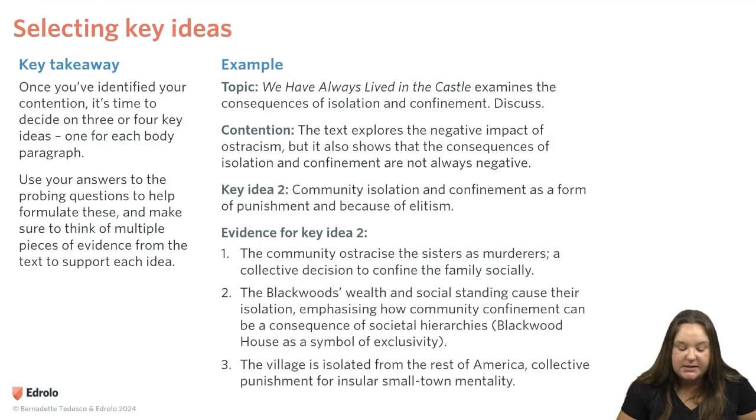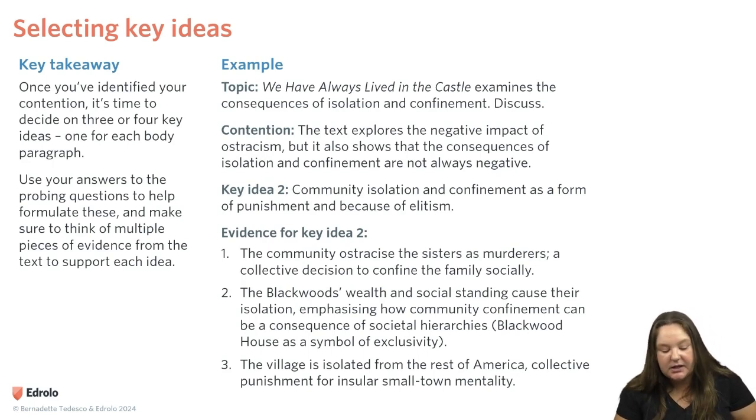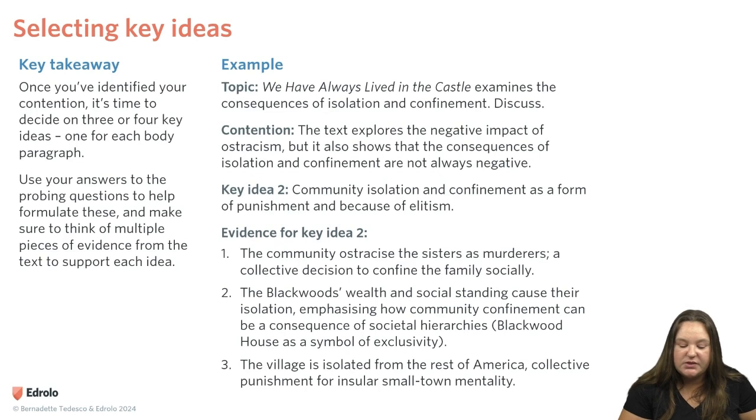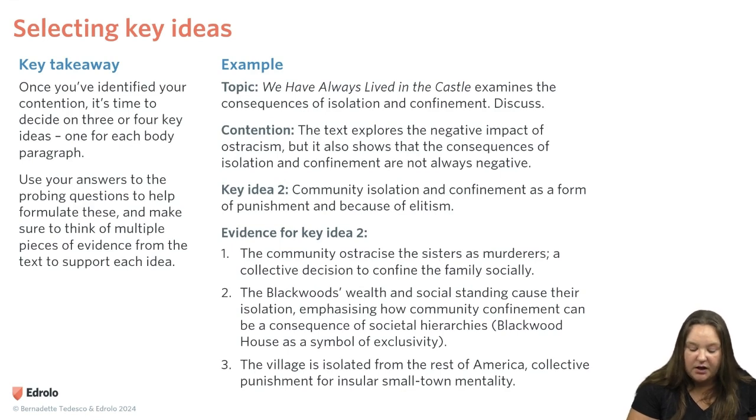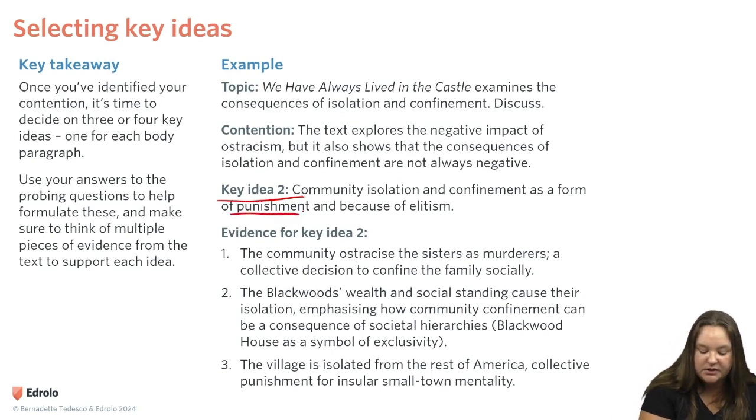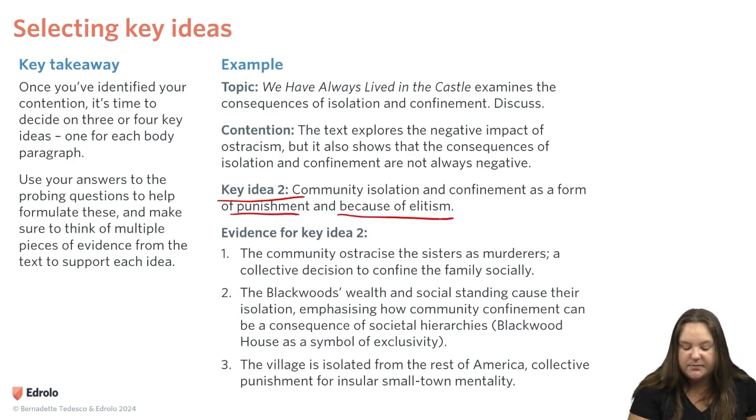The next idea that I've come up with to support that contention that the text explores the negative impacts of ostracism, but it also shows the consequences of isolation and confinement are not always negative. So the next idea is community isolation and confinement as a form of punishment and because of elitism.